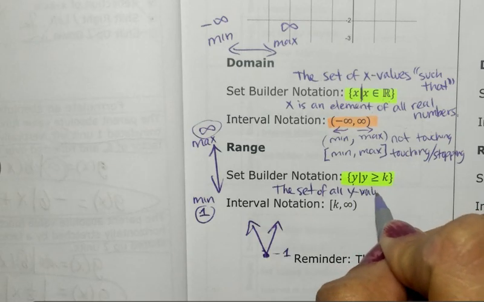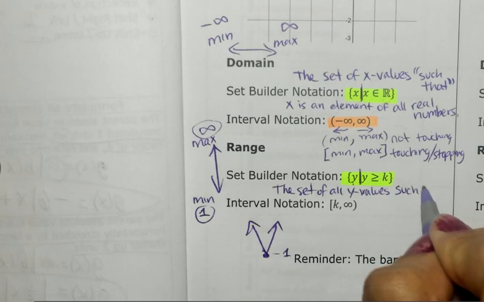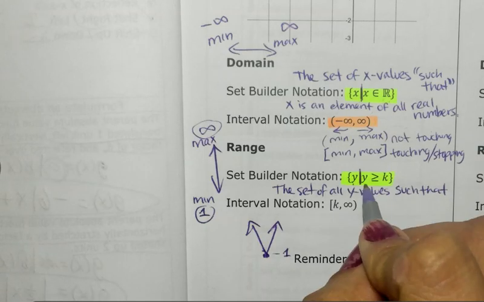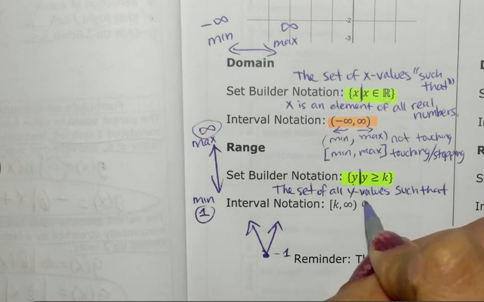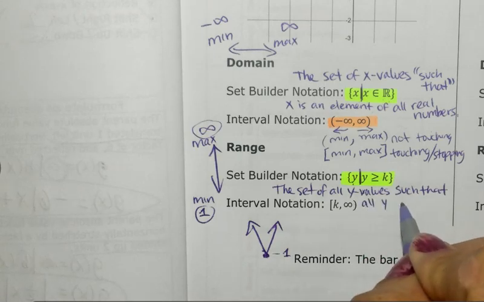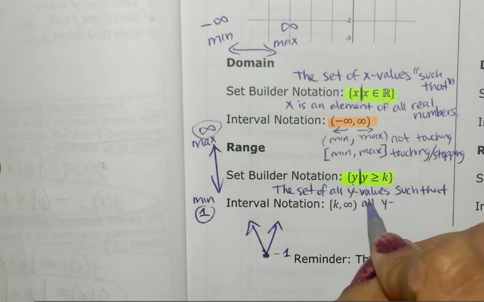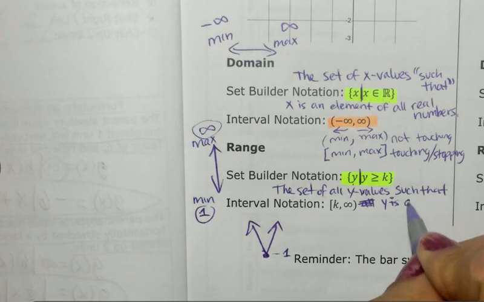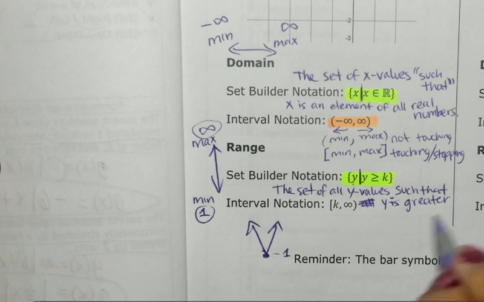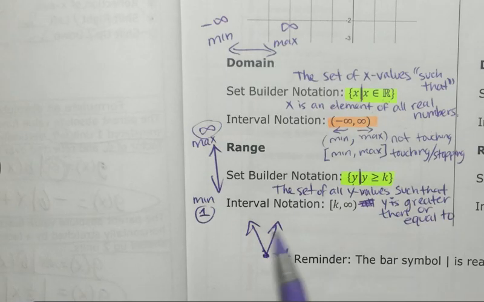The set of all y values, and then the line like that is such that y is greater than or equal to your k value.